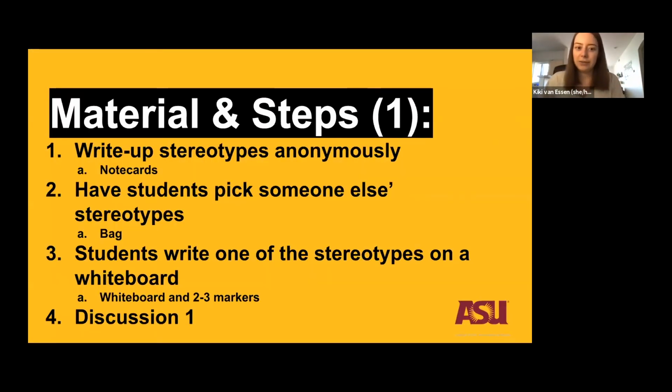So I've highlighted different steps. In 7 different steps, I'll go through how this activity works and what materials you would need to be able to perform this activity. So first, I start with handing out small note cards to students with the same size, and I ask them to write up stereotypes about different groups of people.